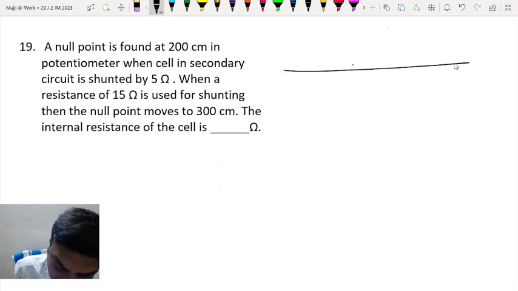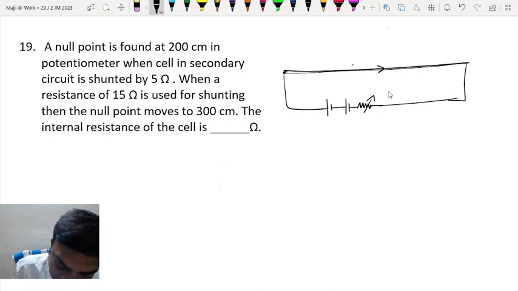So suppose you have a potentiometer wire here, and this is the primary circuit. A voltage is developed across the potentiometer wire so that a main current starts flowing. This is known as primary circuit.